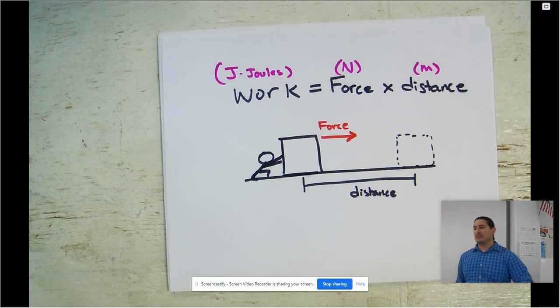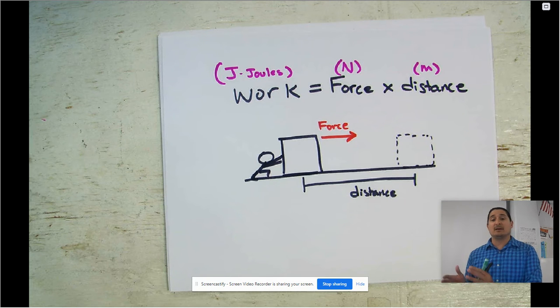Now, a couple of things to keep in mind. Notice that the distance is in this direction, right? Distance is in this direction. Force is in this direction. So the force and the distance that the object moves is parallel.